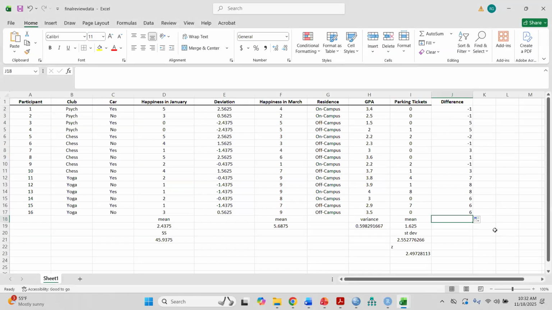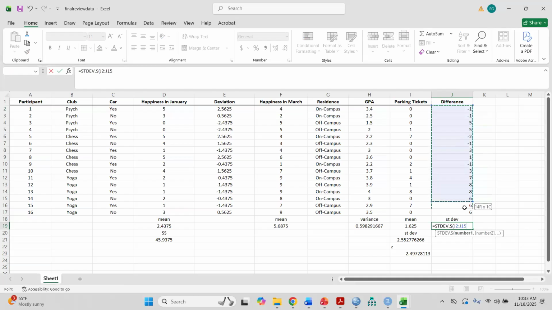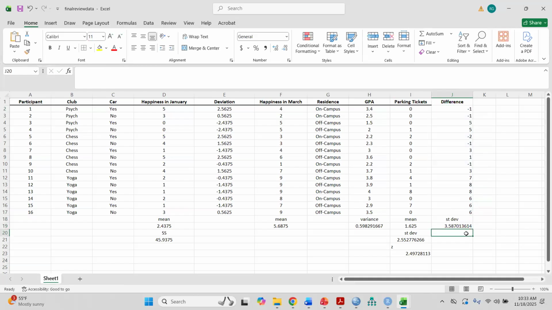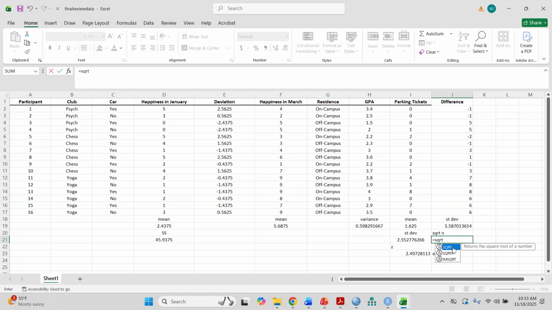What we need for estimated standard error was the standard deviation of these difference scores, equals STDEV.S. For the difference scores, we get the standard deviation. Now, the estimated standard error, well, I guess I skipped a step. Let's do the square root of n real quick. Square root of n equals SQRT is the function.